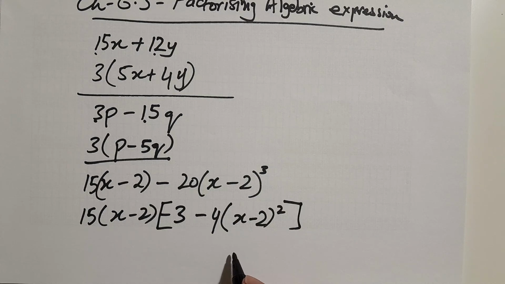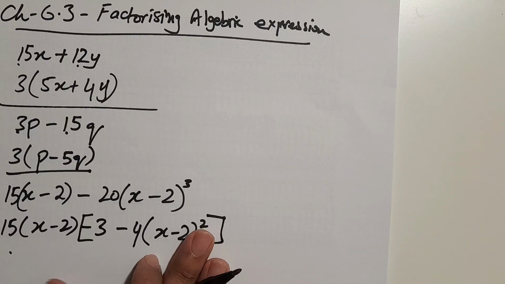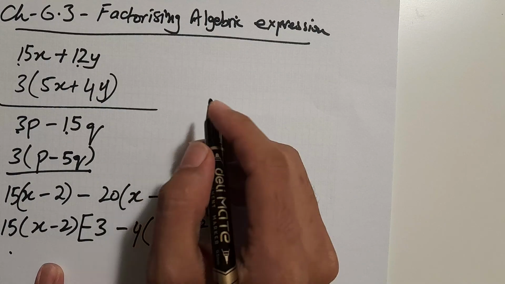So this is how we will do the factorizing, which is 15 brackets open x minus 2 brackets close, brackets open 3 minus 4 brackets open x minus 2 brackets close squared brackets close. So this is the answer for this one.